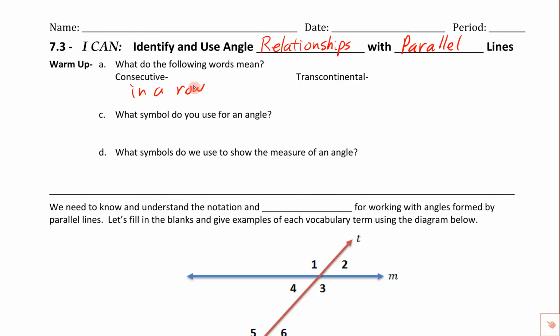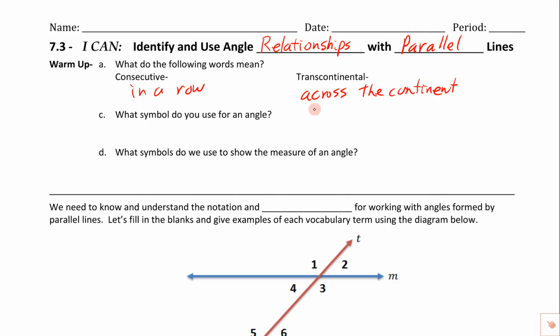And you may have heard of this before, transcontinental or transoceanic or something like that. Trans means across. So transcontinental means across the continent. If you took a transcontinental flight, you might fly from like New York to LA or something like that. That would be transcontinental.